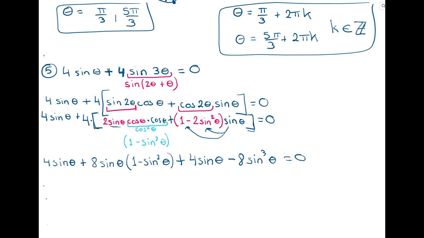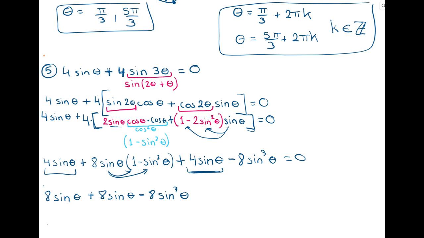Okay, so now I still want to multiply this here, so let's do that. And then at the same time, can I go ahead and put those like terms together? 4 sine theta, so it'll be 8 sine theta plus, so that will be 8 sine theta, and then 8 sine multiplied by a negative sine square will be negative 8 sine cubed theta.